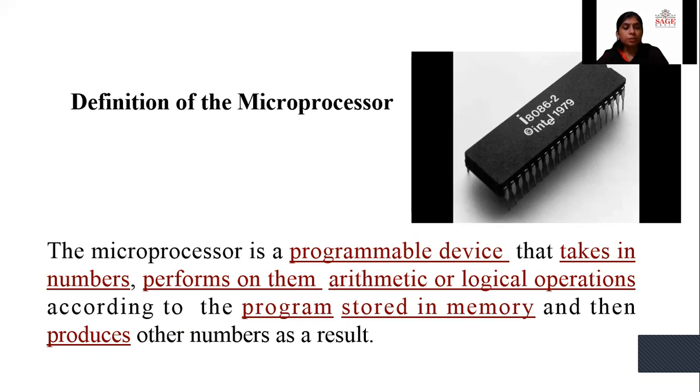The microprocessor is a programmable device that takes in numbers and performs different operations, arithmetic as well as logical operations, according to the program stored in memory, and then produces other numbers as a result. So this is the basic definition of microprocessor. And as we know, we call the microprocessor the heart of the computer.